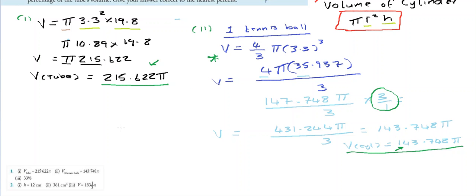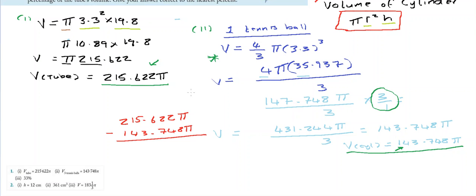So the volume of the tube is 215.622 pi. That's the volume of the tube. And then we take the volume of the balls, the 3 of them, which is 143.748 pi. Okay, and we subtract these from each other.